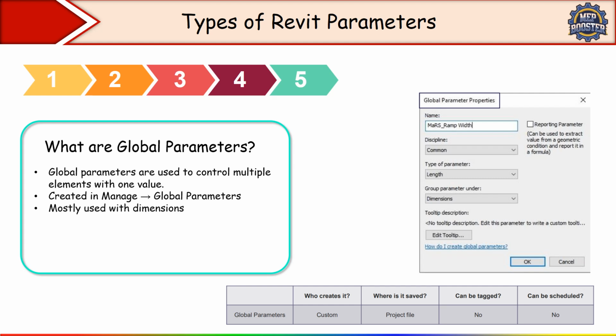So I'm giving you a real MEP side example: corridor light spacing. Suppose you want to place the lighting fixtures in a corridor and you are designing an office. You have calculated that each light must be placed every 3000 mm.